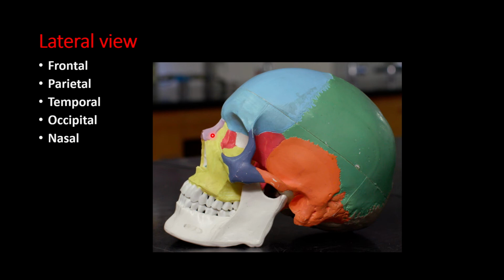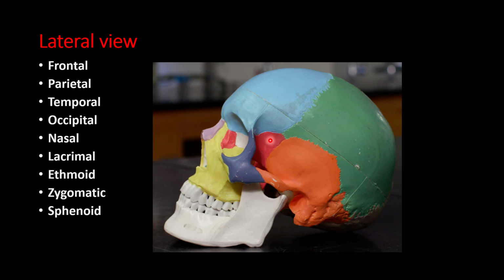Anteriorly, you have the nasal bone, you have the lacrimal bone, you have the ethmoid, you have the zygomatic, the sphenoid, maxilla from here all the way to here, and this is the mandible.